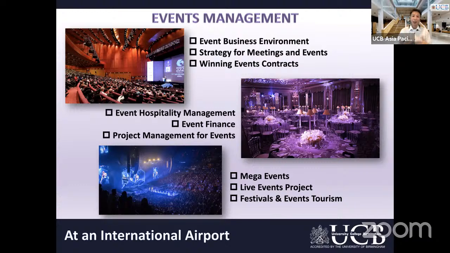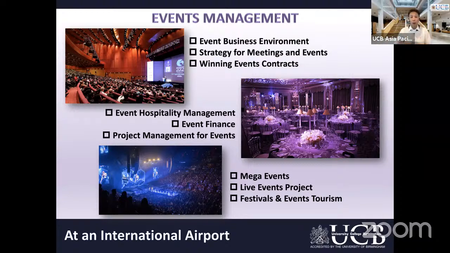What it covers is strategy for meetings and events. So again, it's about what strategies you would build in. What if there is a problem? What is your plan B for your event? For example, in Japan, initially you thought of having this big event in Tokyo, but then there is a problem with not enough hotels in Tokyo because there's another very, very big event happening in Tokyo.